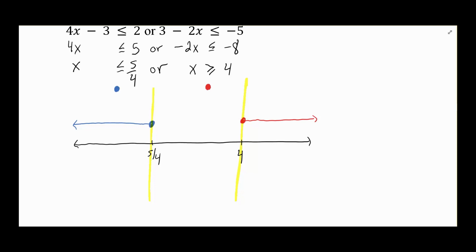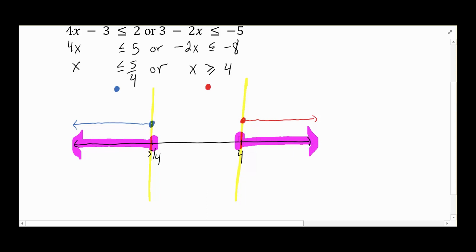So the leftmost interval, do I have blue or red? Yes, I have blue. So I'm going to shade that. For the middle interval, do I have blue or red? No, I have neither one in the middle, so I'm not going to shade the middle. On the right, do I have blue or red? Yes, I have red, but more importantly, yes.